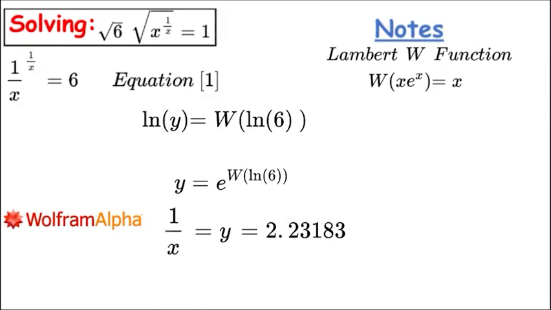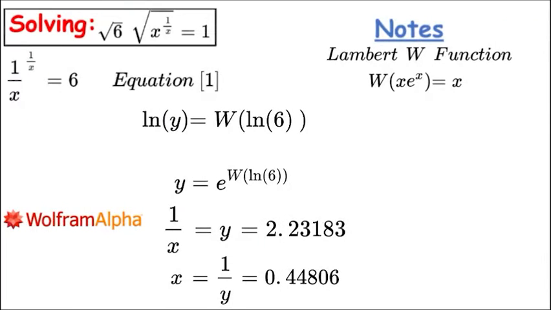So let's invert it, and let's input it into our original function to see does it work out. So if the inverted y is equal to x, we will get 0.44806.